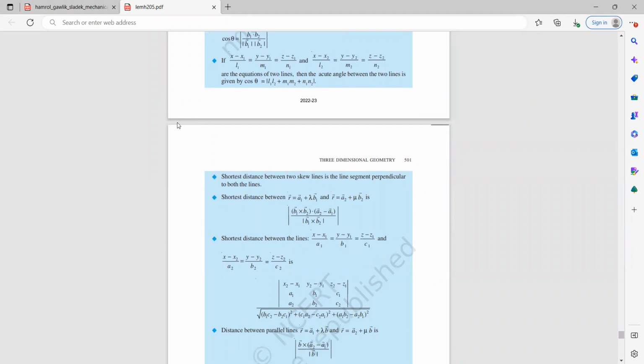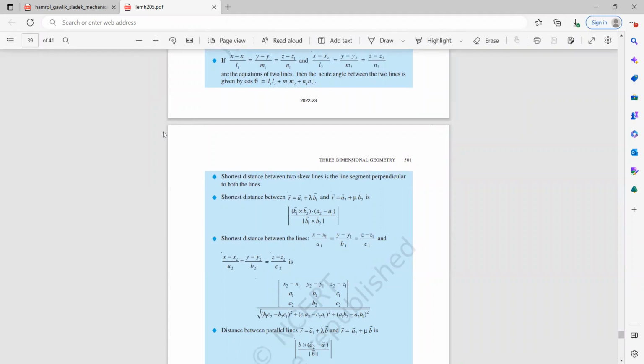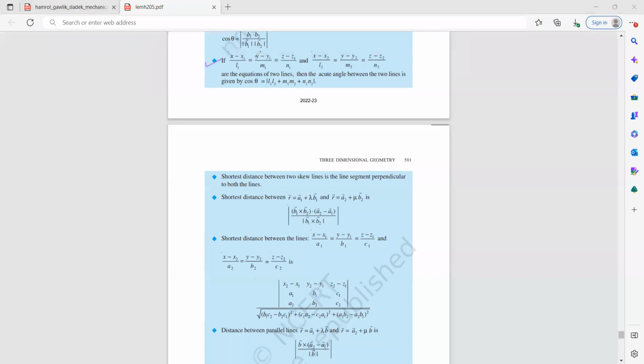Next, many times questions are asked from here. Like if lines are given as (x minus x1) over l1 equals (y minus y1) over m1 equals (z minus z1) over n1, and the second line is given as (x minus x2) over l2, (y minus y2) over m2, (z minus z2) over n2.